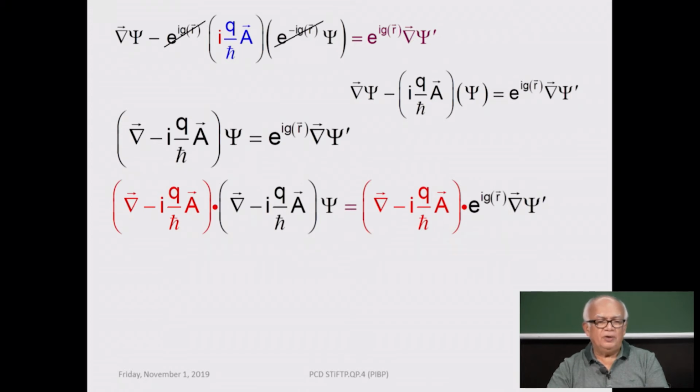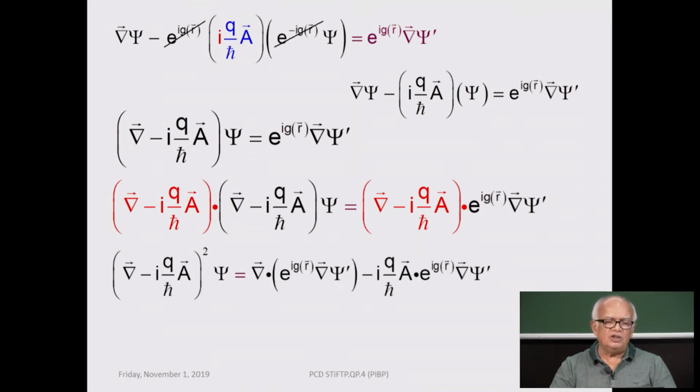On both sides you operate by the operator which is in this red color. If there was no vector potential, it would be like taking the divergence, but you have that vector potential. So you take the divergence and add another scalar product, okay, and scale it by minus iq over h cross. That's as simple as that.